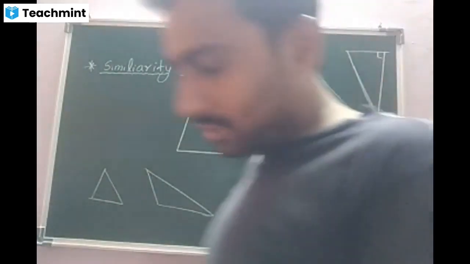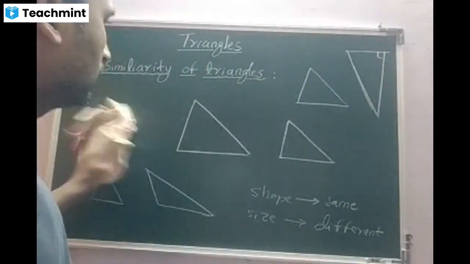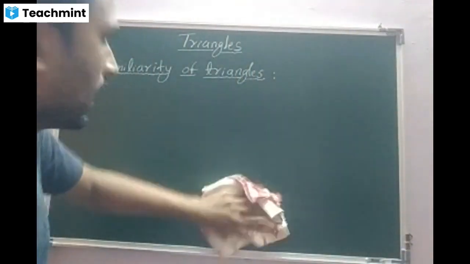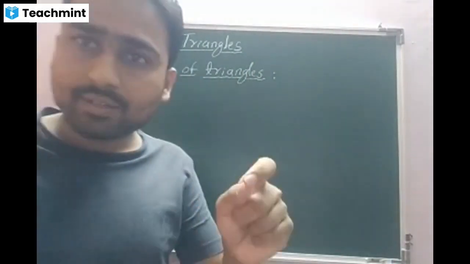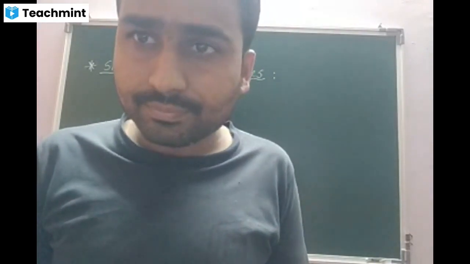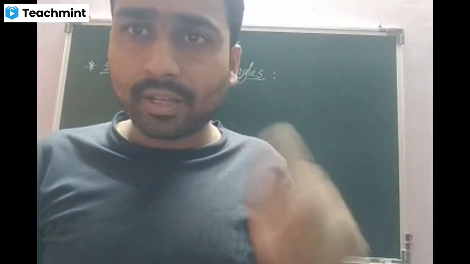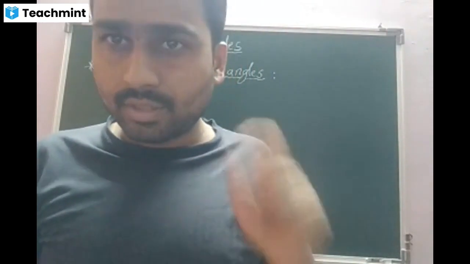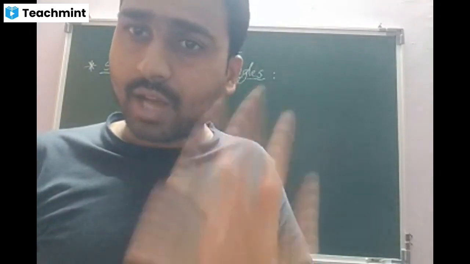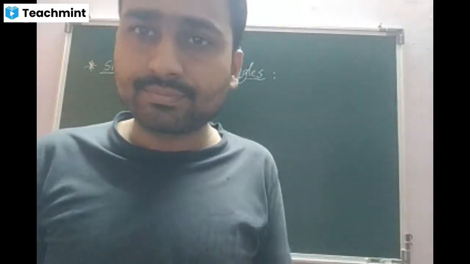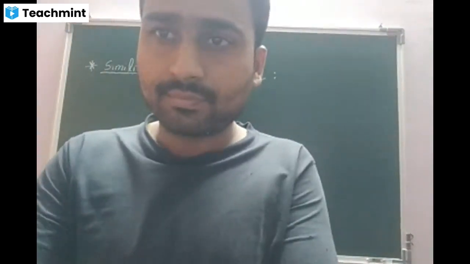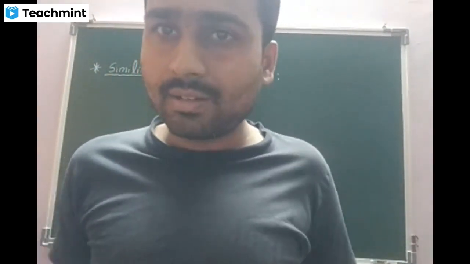Two or more triangles having same shape, but differ in their sizes, are called as similar triangles.